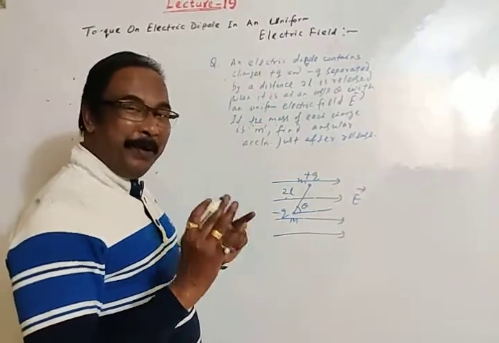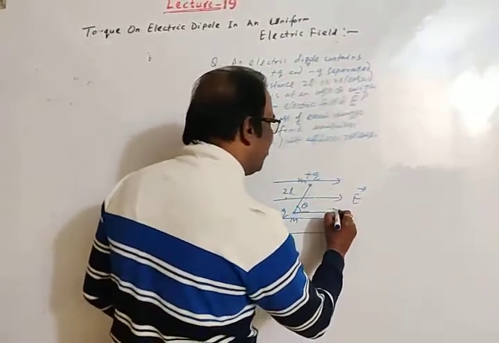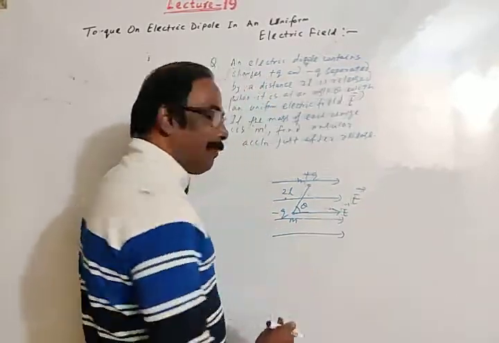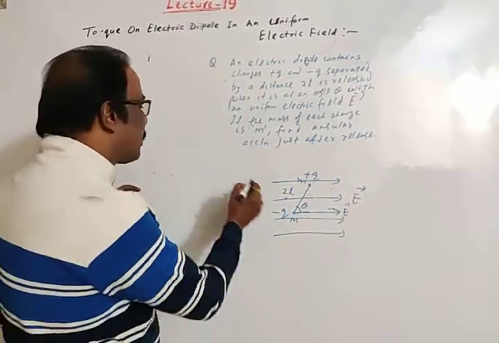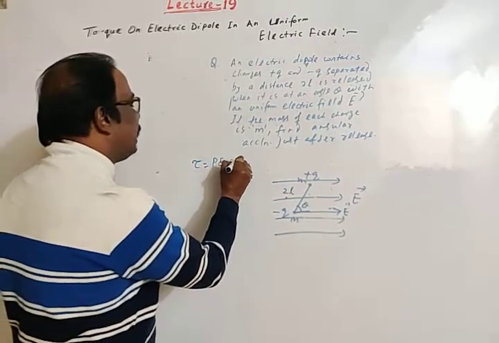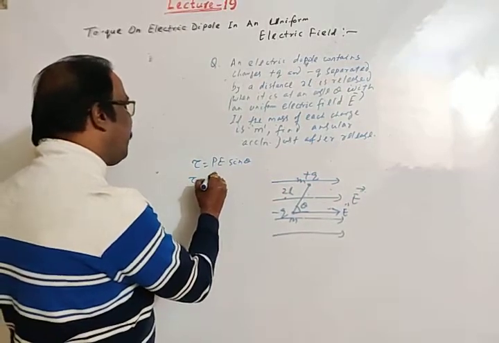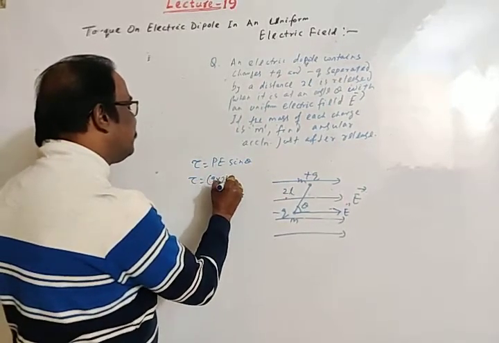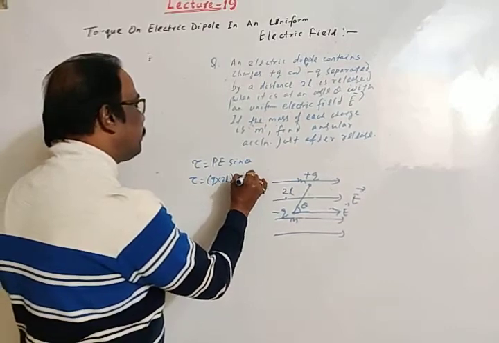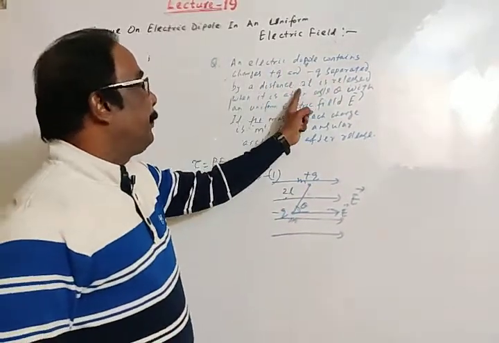We know that when the dipole is inclined at an angle with the electric field, it will experience a torque, and the torque experienced by the dipole is P E sin theta. P is Q into 2L, so torque is Q 2L E sin theta. This is equation 1.